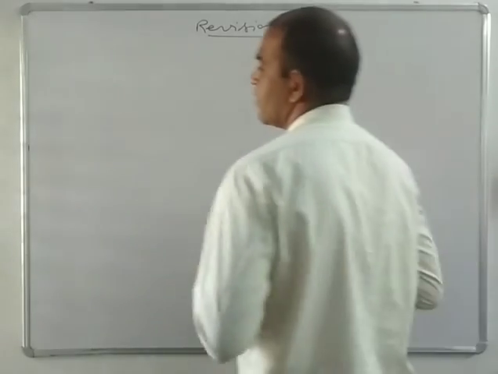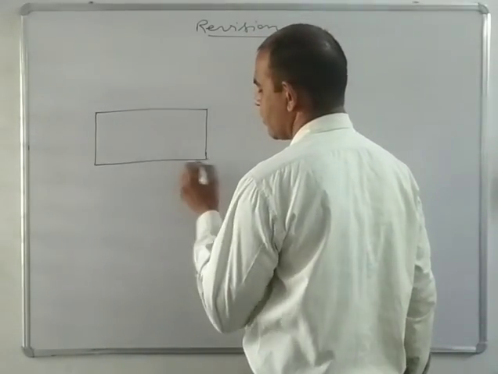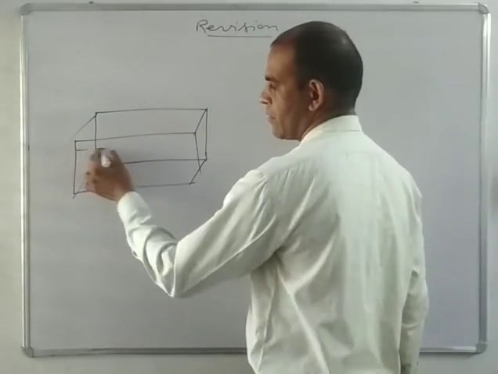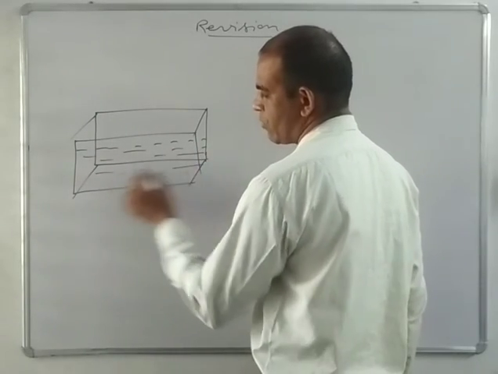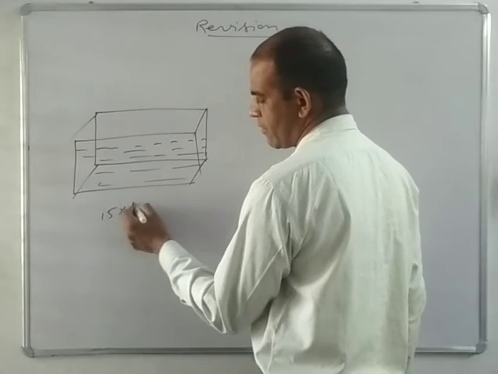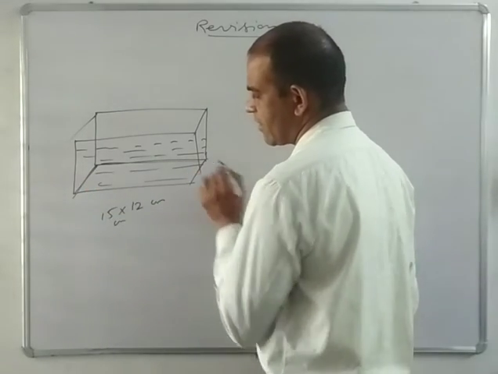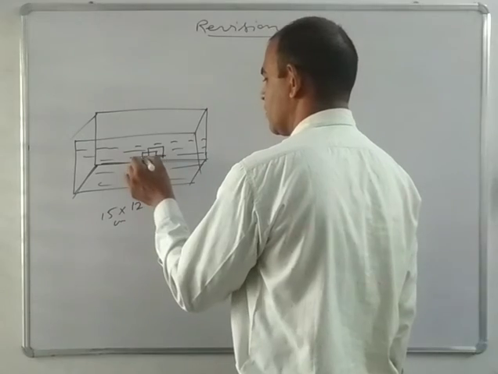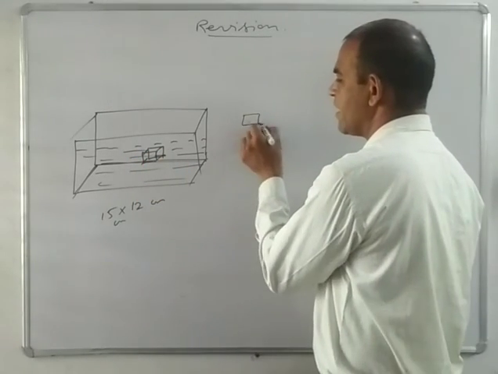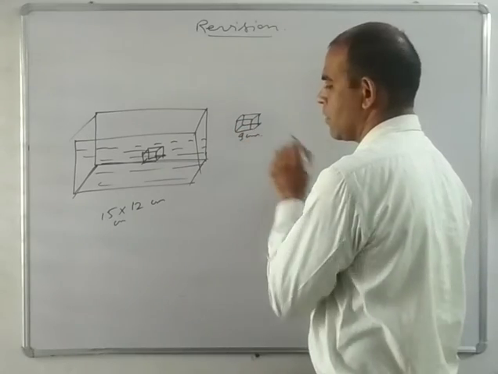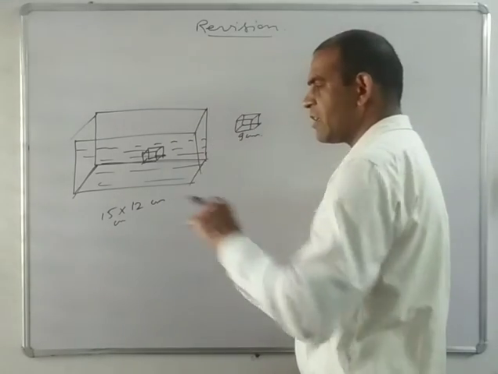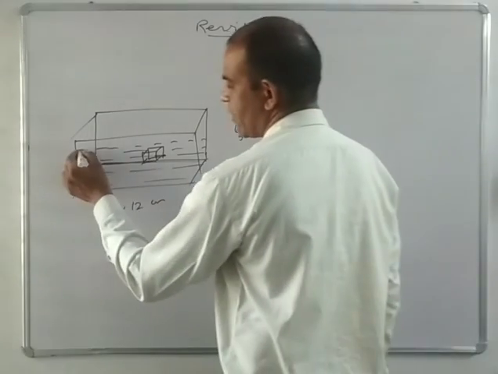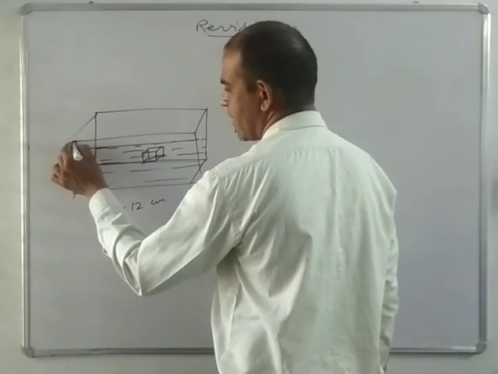Here a rectangular vessel has water inside, and a cube is completely immersed. Suppose the water comes up to here. The base is 15 into 12 centimeter, and the cube's side is 9 centimeter. We have to find the rise in the water level.